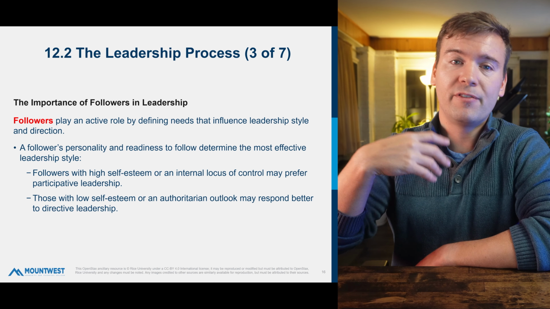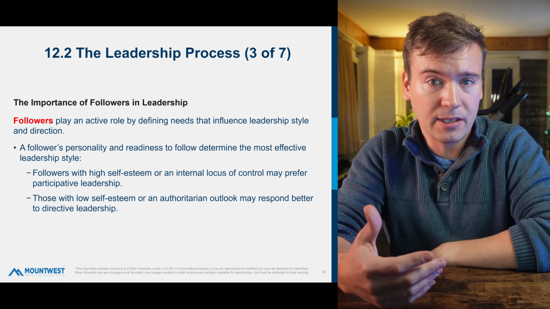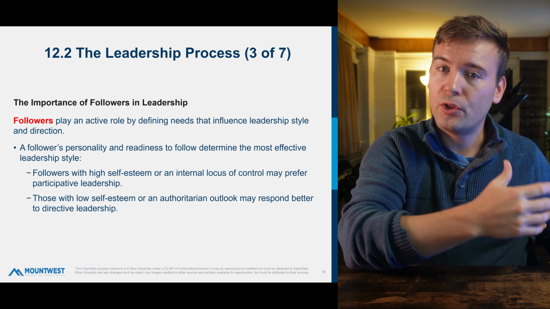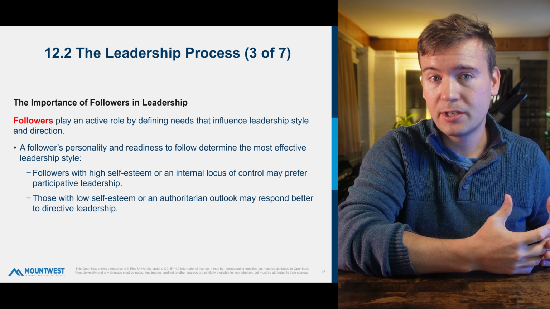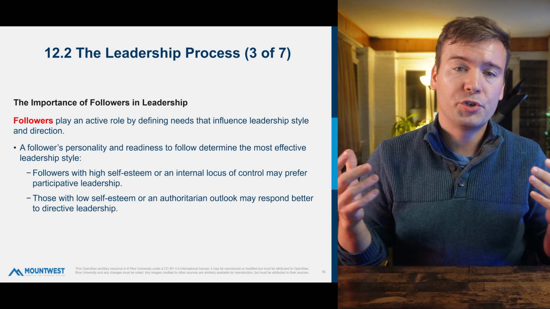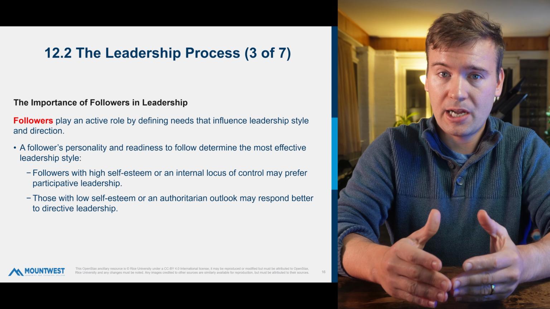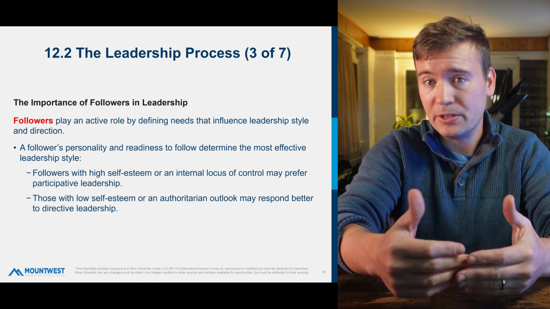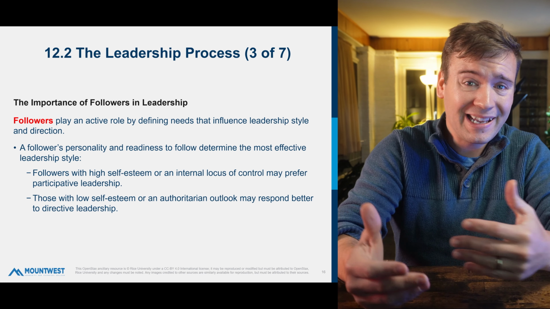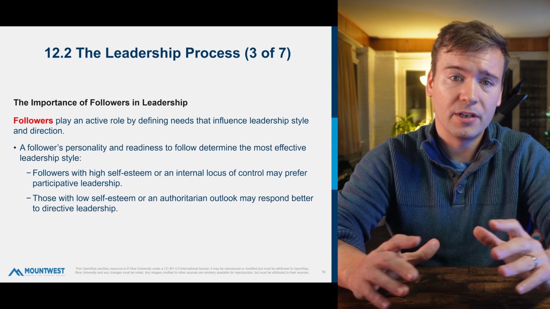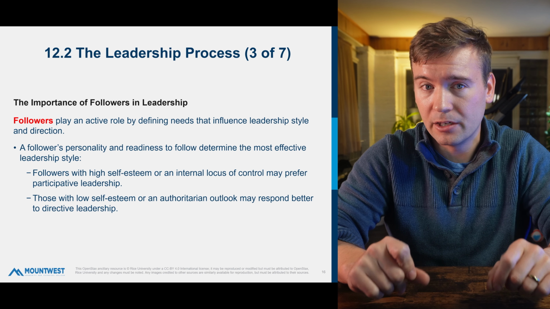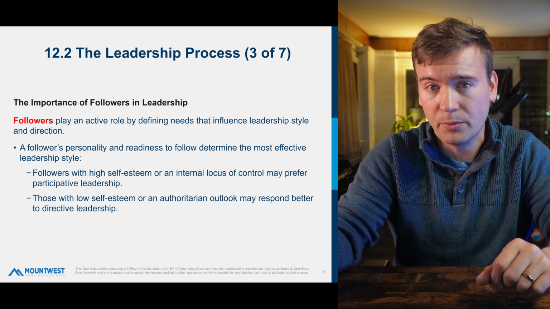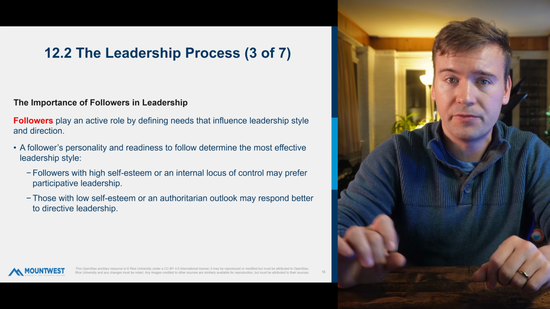They want to have a voice in the decision making. But someone with low self-esteem and more of an authoritarian outlook might respond better to a more directive leadership style that provides clear step-by-step instructions. The takeaway here is that effective leadership often involves adapting one's style to the unique characteristics of the followers. There's no one style that fits all.